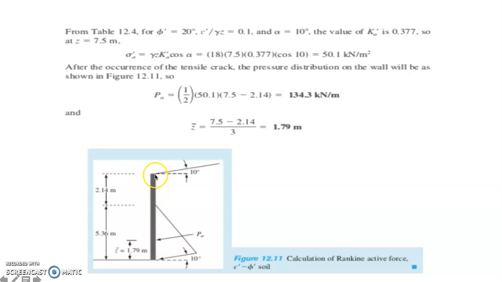This portion is the height of the tensile crack. From here, this is now after the tensile crack.